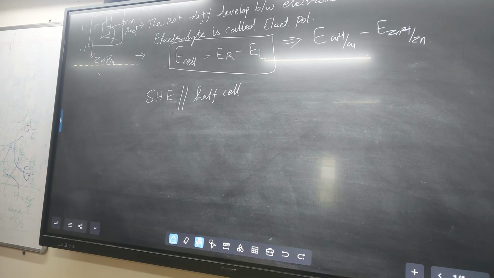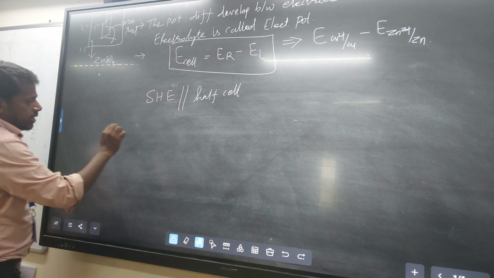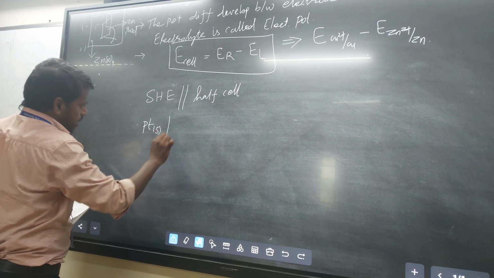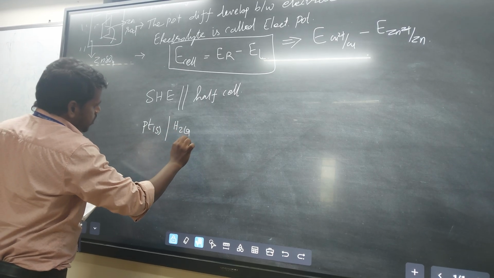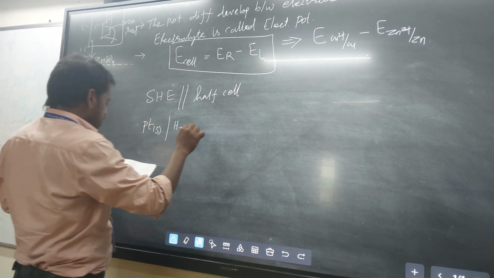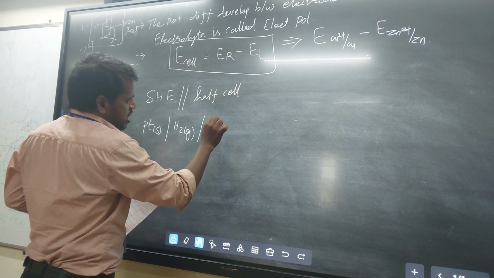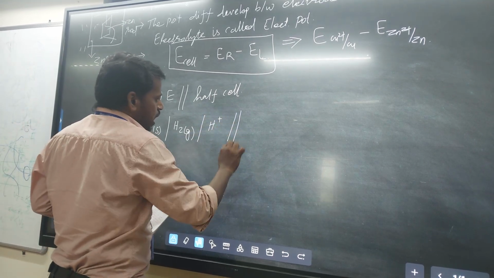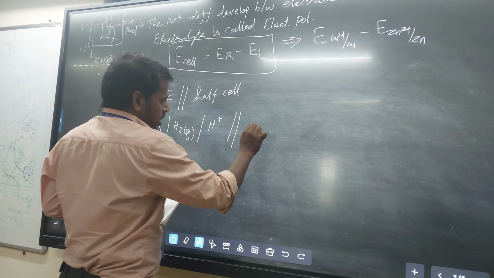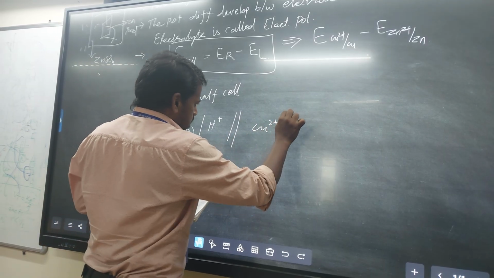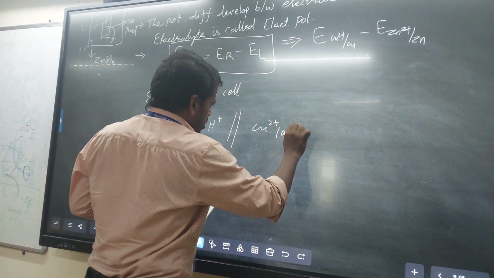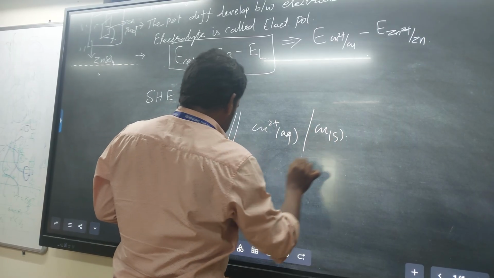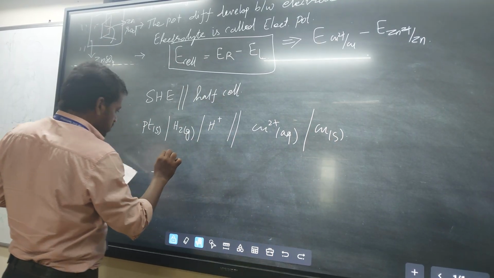So for example, platinum, which is solid, and hydrogen H2, we pass H2 gas. It becomes H plus ion, giving electrons to the right hand side, and there copper 2 plus, aqueous, comes to copper, reduction, solid state. What is the cell reaction?